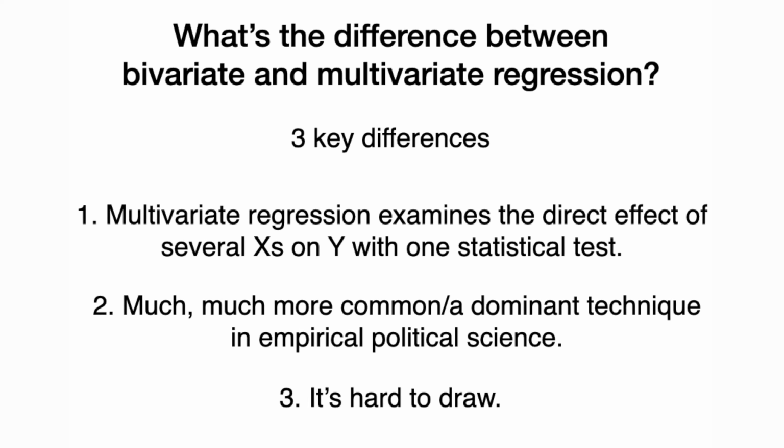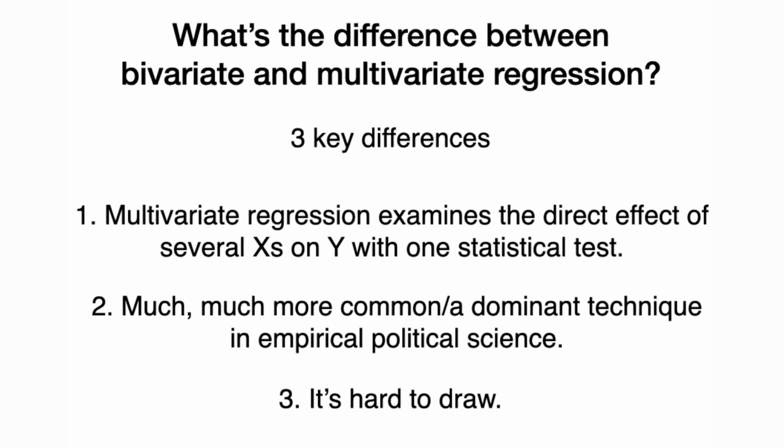As soon as we move past two x's and one y, which we almost always do, you know this from the wall of numbers, we've moved into space that we can't see with our brains. We move past three-dimensional space, and you can think about it in the abstract, but drawing it to understand what's going on, we just don't do that because it's hard.